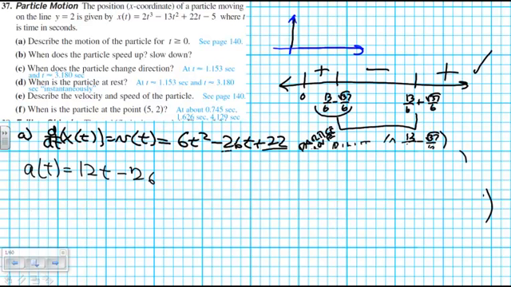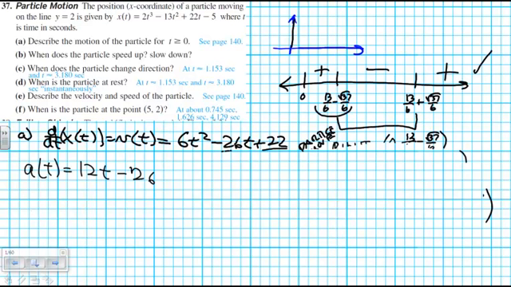I throw it in the air. When was it speeding up? Was it speeding up on the way up? No. As I'm throwing it up, the velocity is constantly getting smaller to the point when the velocity is equal to zero, and then as it starts its downward path, it speeds up.